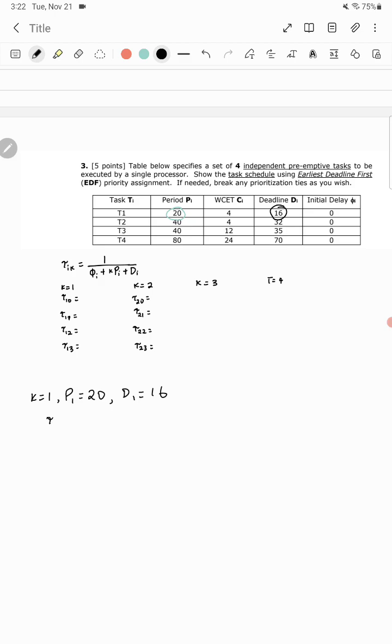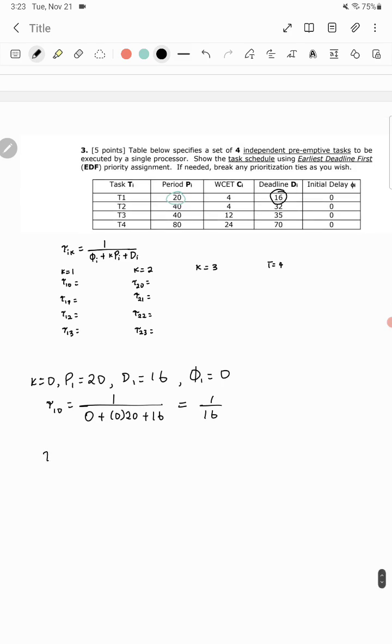Sorry, this is for k0, the first one we are doing, and this is all for the first task. So this is 1 0, and your priority value would be 0 plus also your initial delay for the first task is 0. So this would be equal to 0 times 20 plus 16. Now this would all equal 16. So this is basically how you calculate it.